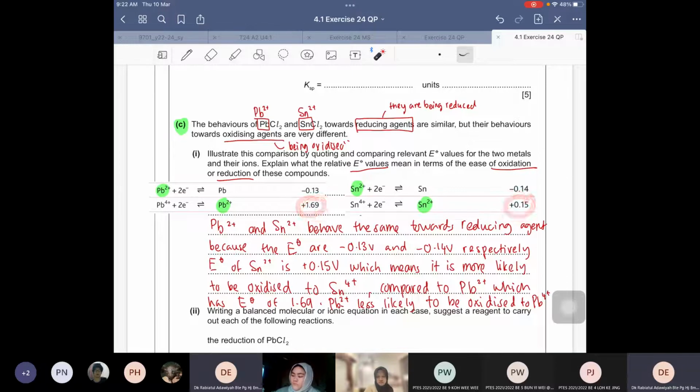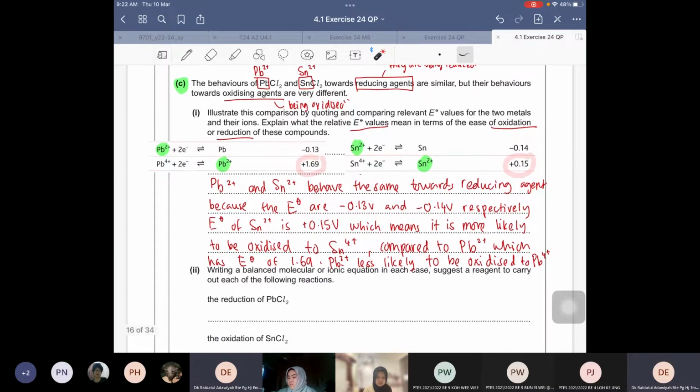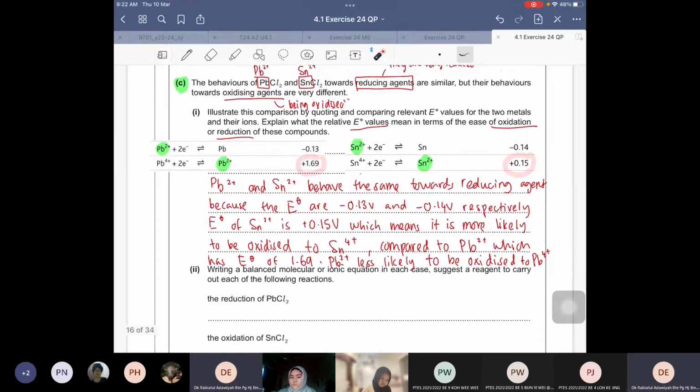So Sn2 plus is more likely to be oxidized to Sn4 plus compared to Pb2 plus to be oxidized to Pb4 plus. Okay. I will skip the balanced equation.